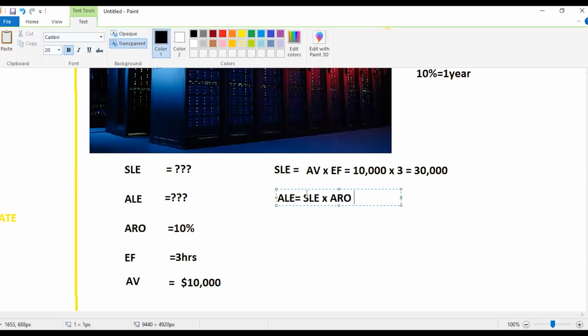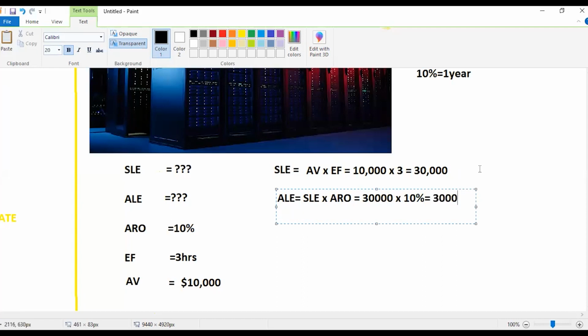One time the single loss expectancy into the ARO, how many times it is occurring in a year. SLE into ARO. So SLE we found $30,000 into 10%. This is going to be 3,000.